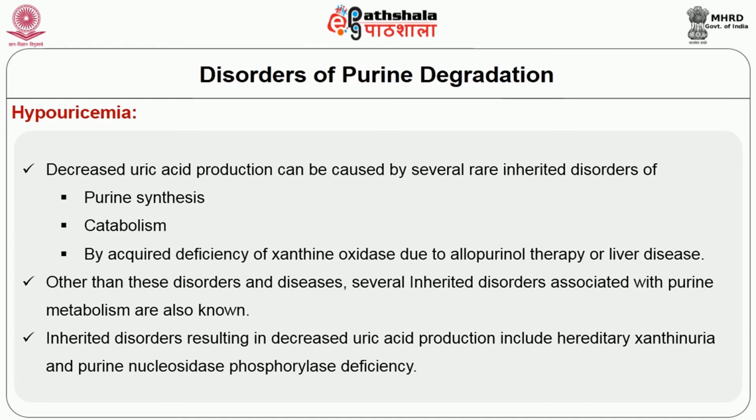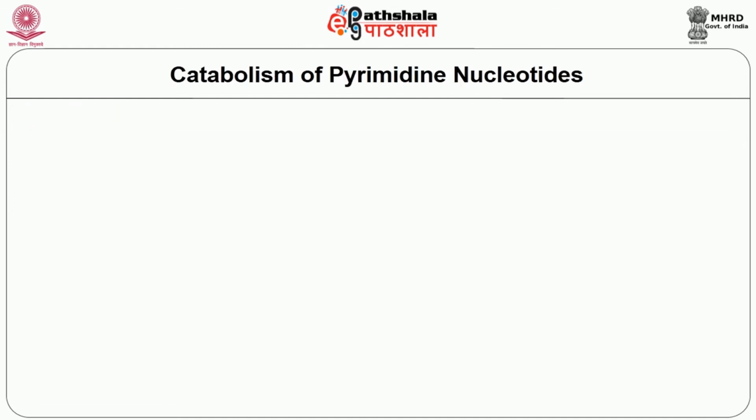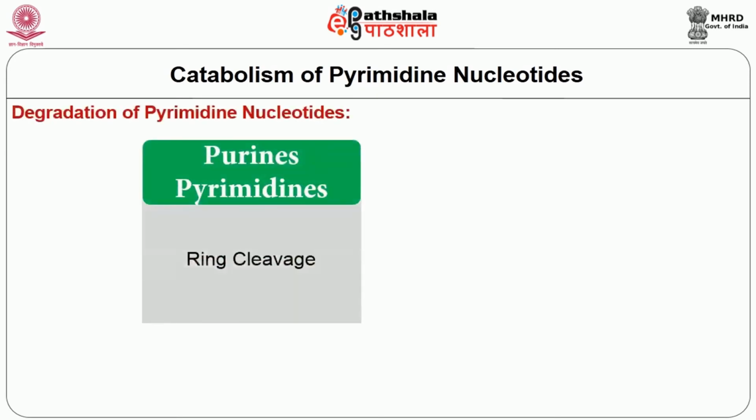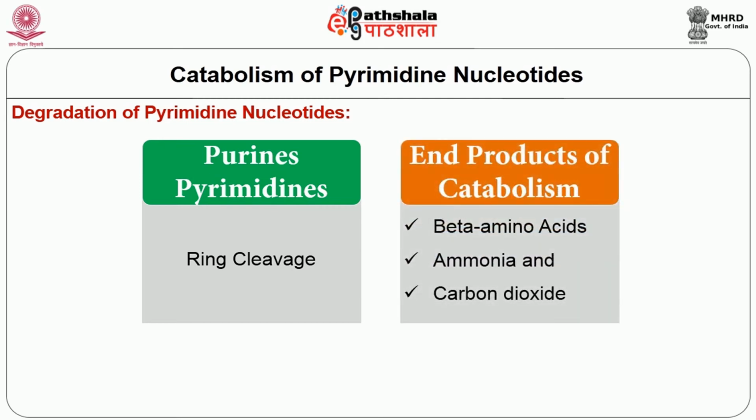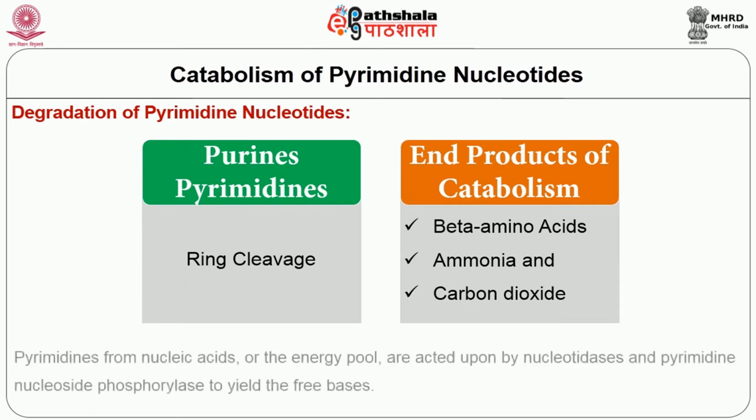Now, let us move on to the catabolism of pyrimidine nucleotides. In contrast to the purines, pyrimidines undergo ring cleavage, and the usual end products of catabolism are beta amino acids. Ammonia and carbon dioxide are also produced.